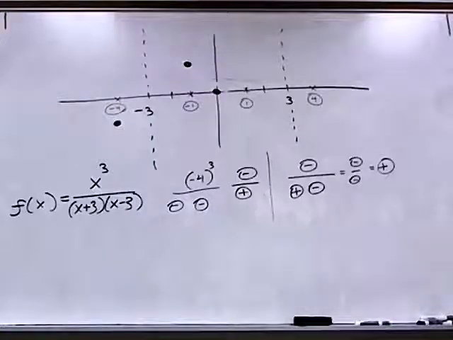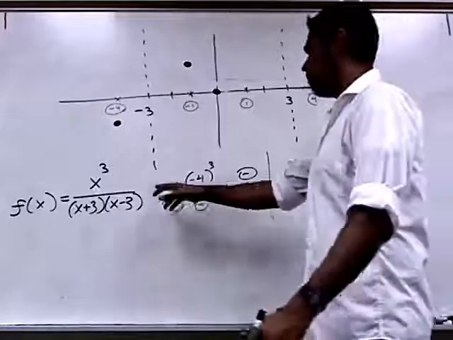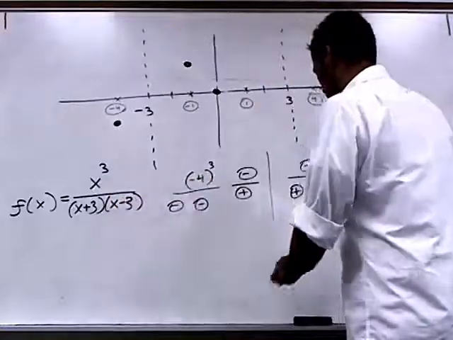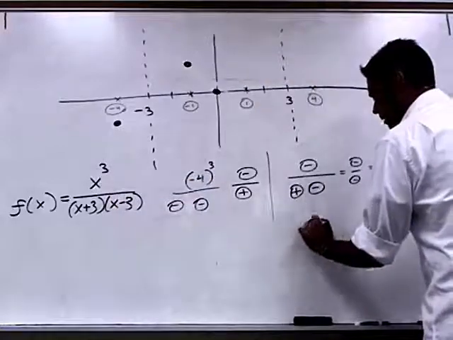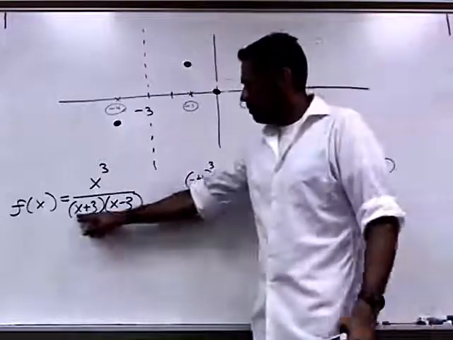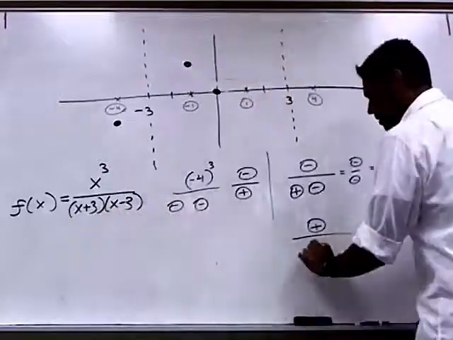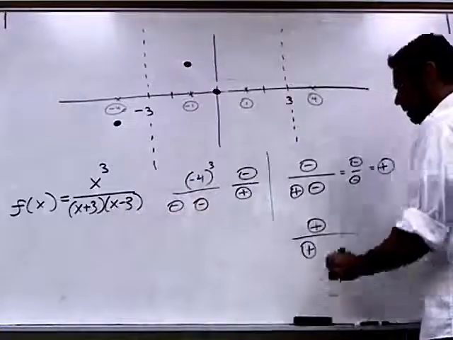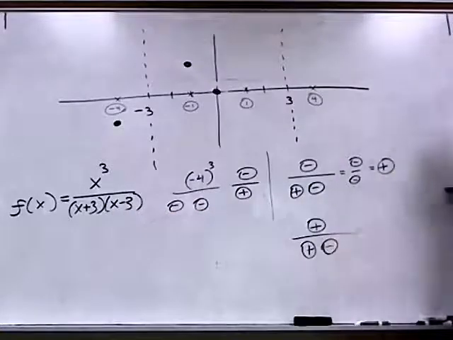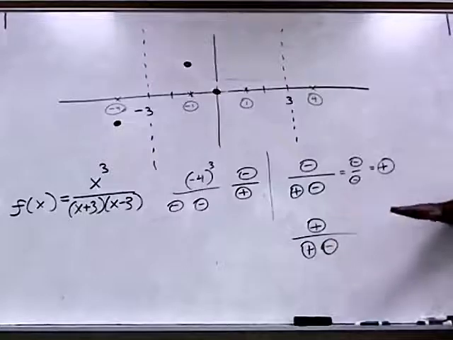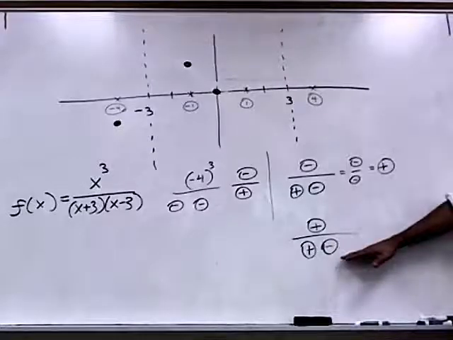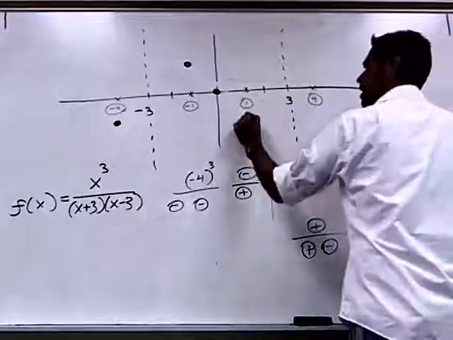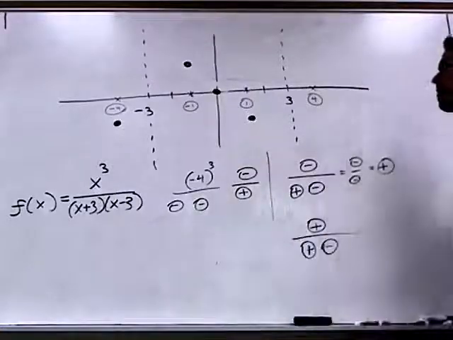+1? What happens if we do +1? What's +1 cubed? 1, that's positive. What's +1 plus 3? Positive. What's +1 minus 3? -2. So we have a positive over a negative, which is negative. So at 1, I have a negative point down.